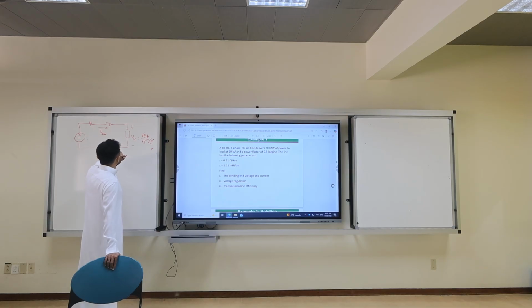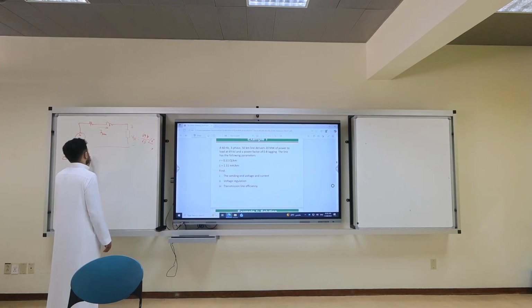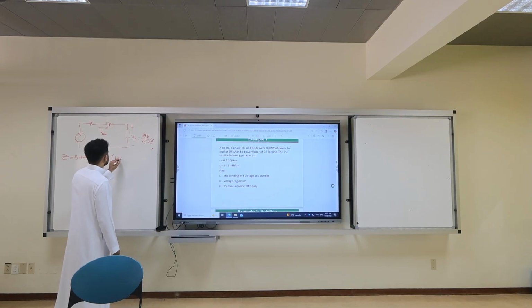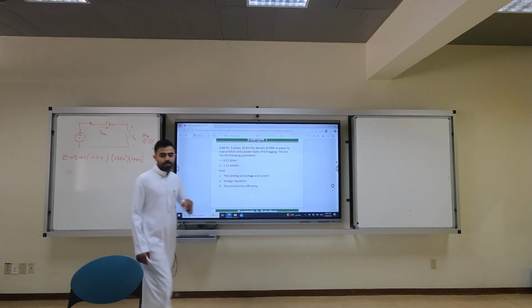Why did we say the angle is zero? The VR is always the reference. So what is Z? 50 kilometers times little r 0.11 plus j times 1.11 times 10 to the minus 3 times omega, which is 2 pi 60.